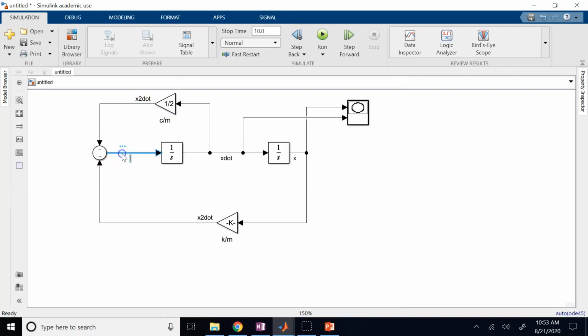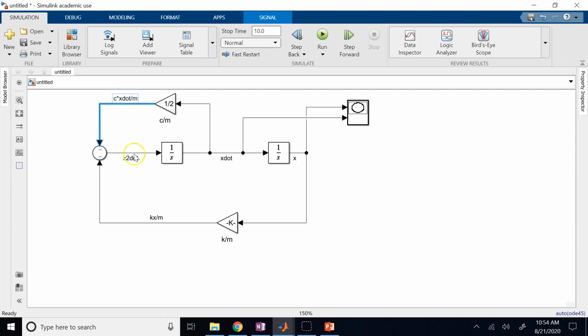So now this signal is what? x double dot, which is negative c over m x dot, and this is k over m x. The sum of them is, if you want to write it, I can write it for you, but we don't really need to. So this is k x over m, and this is c x dot over m.